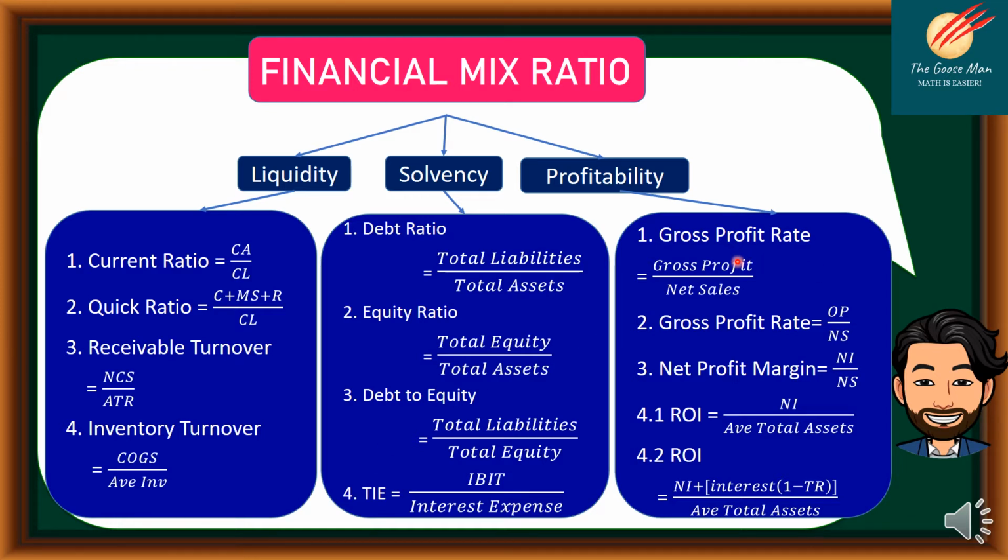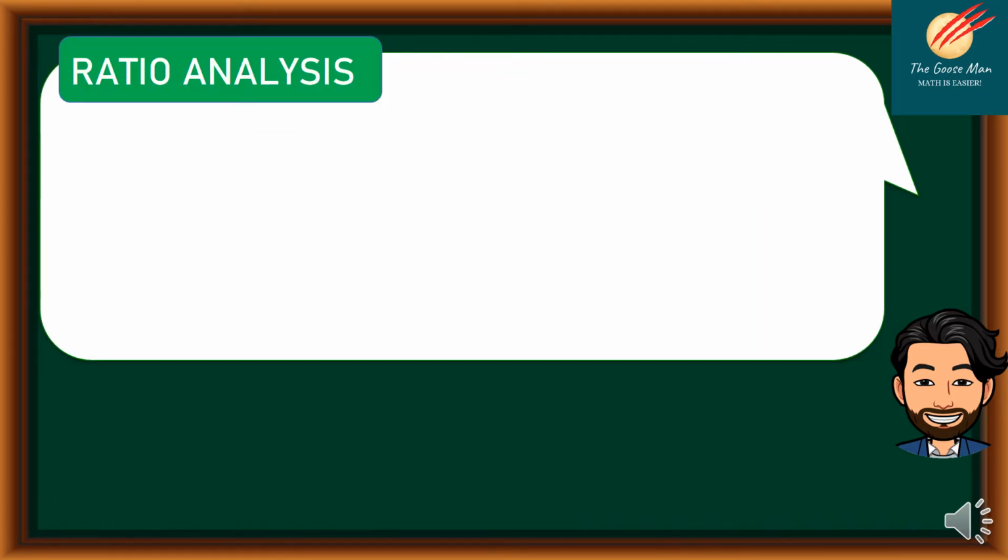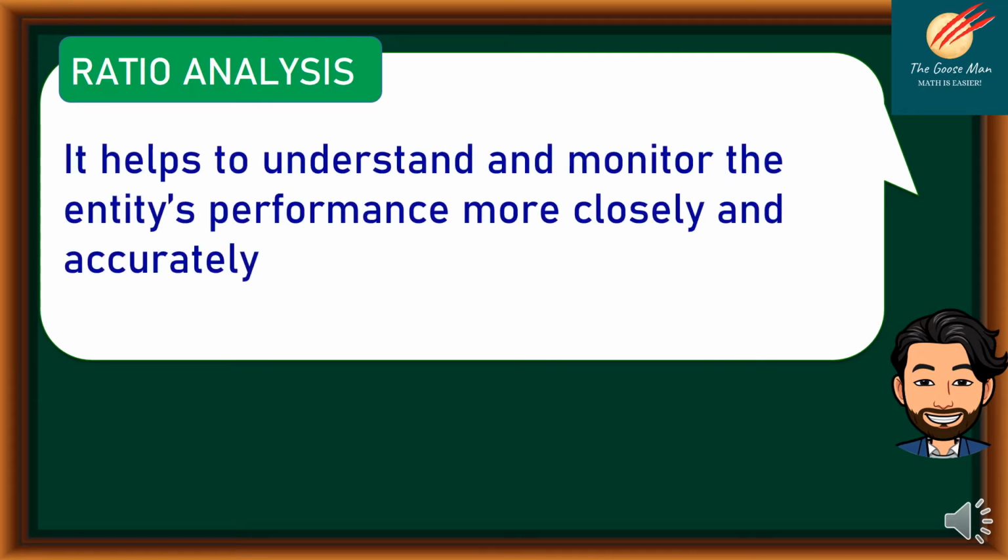Next, for profitability, we have the gross profit rate, then net profit margin, the return on investments. Ratio analysis helps to understand and monitor the entity's performance more closely and accurately.